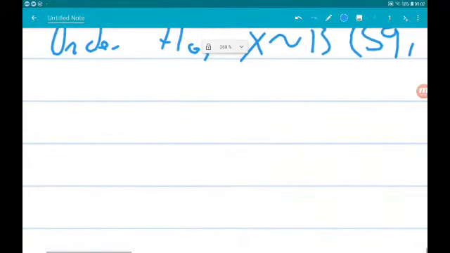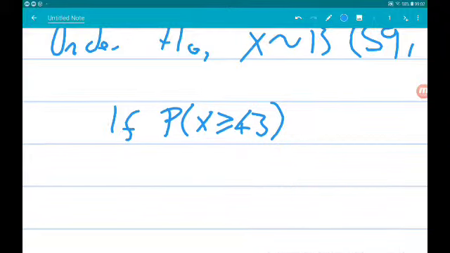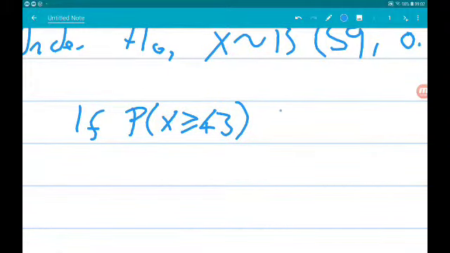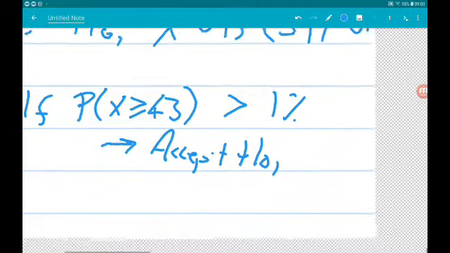So if that probability is greater than 1%, then we accept H naught, and reject H1.